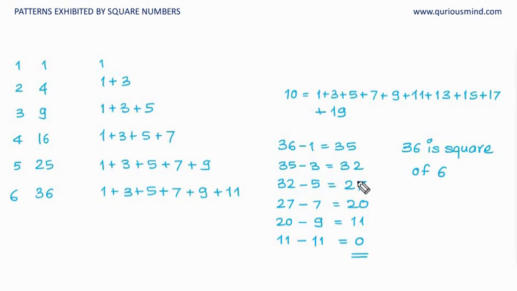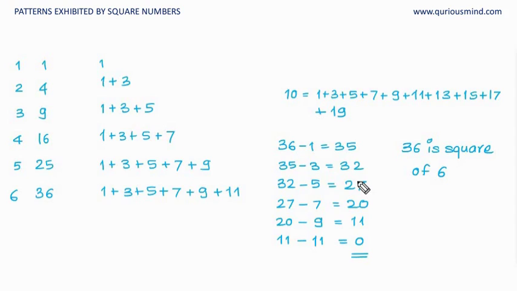So if I successively subtract the odd numbers starting from 1, and if I reach 0, that clearly indicates that the number which I started with is a square number. And this is a very important pattern which can be used even to find square roots or to see if the number is a square number or not.